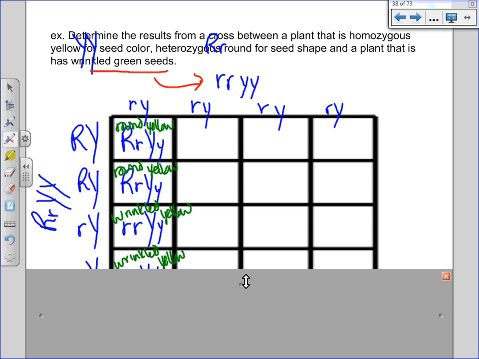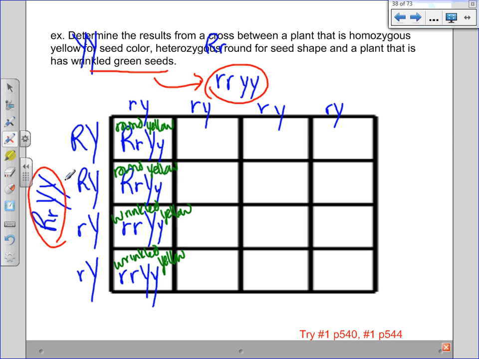Those are the parents being crossed. Then you break it down to show the different possible gamete combinations: big R with big Y, big R with big Y, little r with big Y, and little r with big Y.